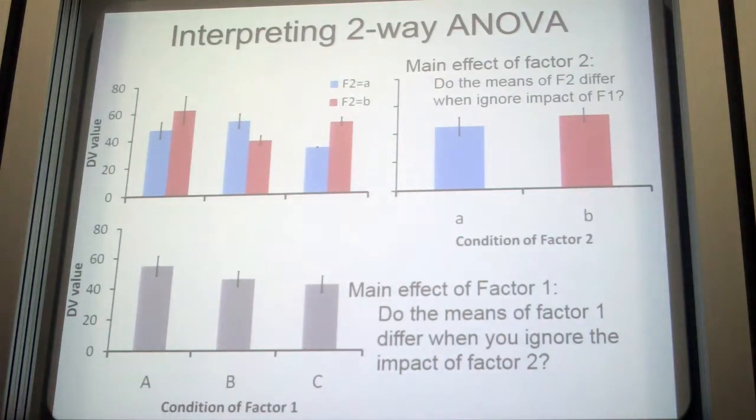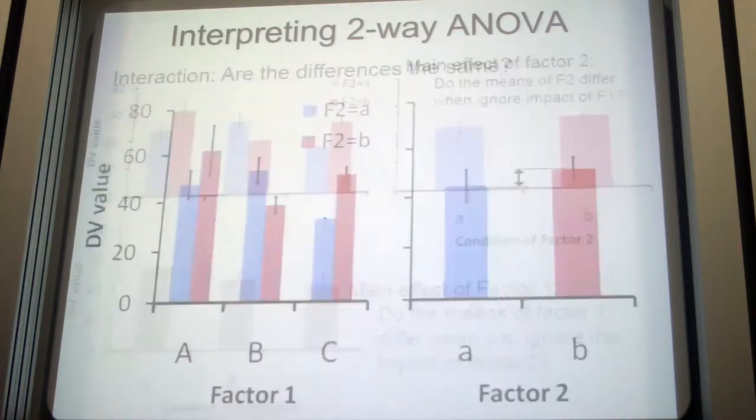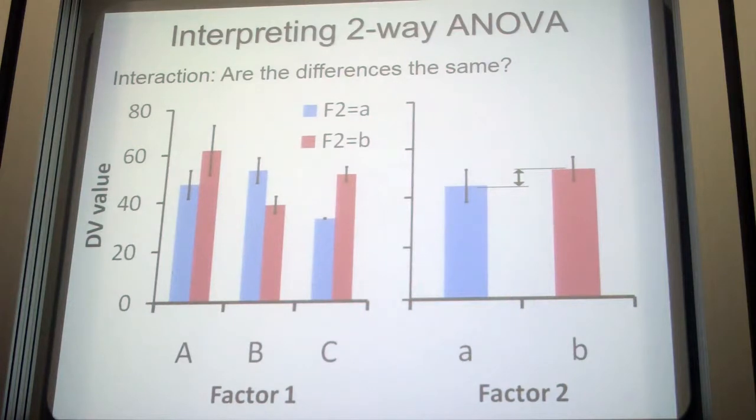Are the means the same? So the interaction term is saying, well, if we took, for example, factor 2, A versus B, we've got a difference there. Is that difference the same for each condition?